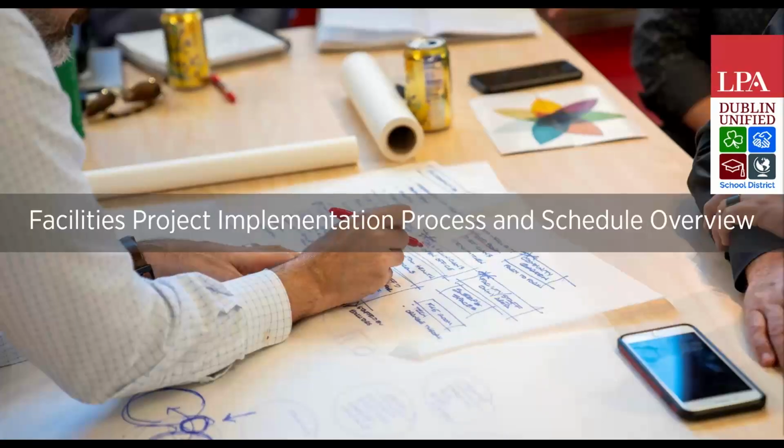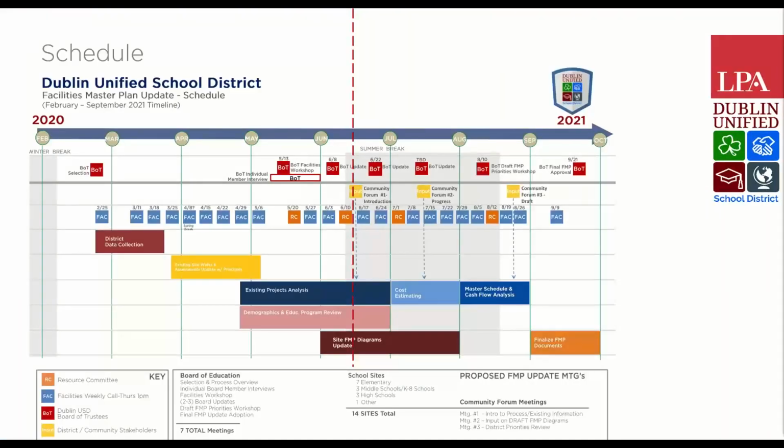The first module we'll be reviewing is the facilities project implementation process and the schedule overview. The schedule for this facilities master plan update is split up into various tasks that can be summarized into 3 phases. The first third of the schedule is gathering of information, and that's the phase we're currently in.